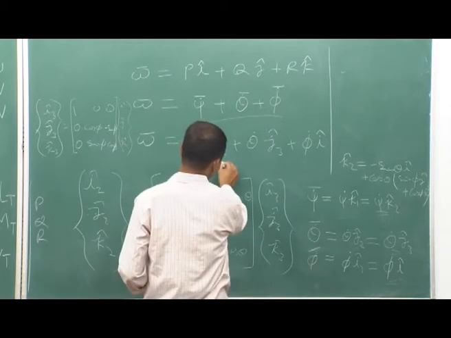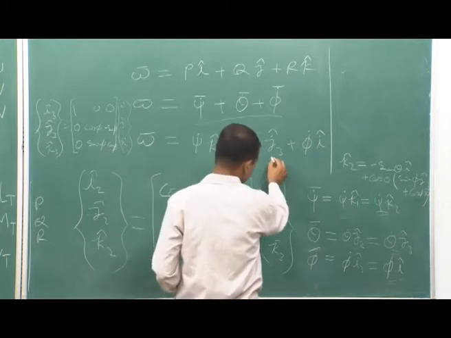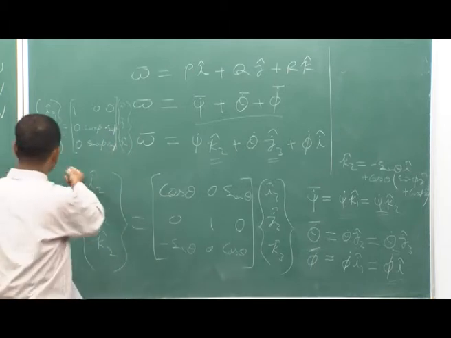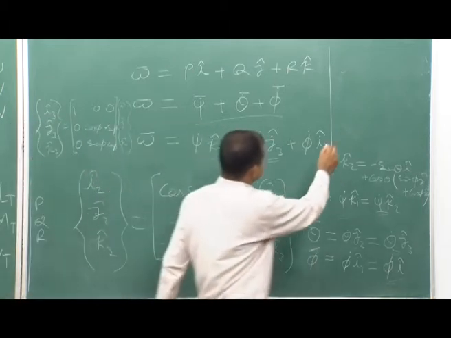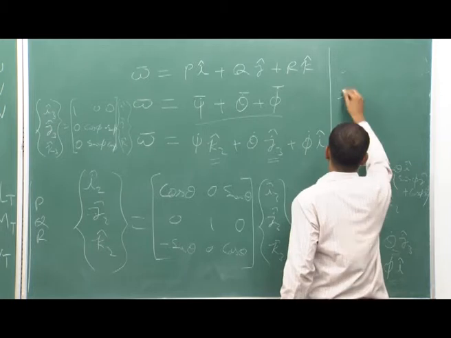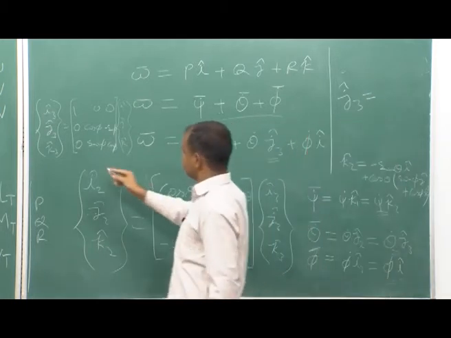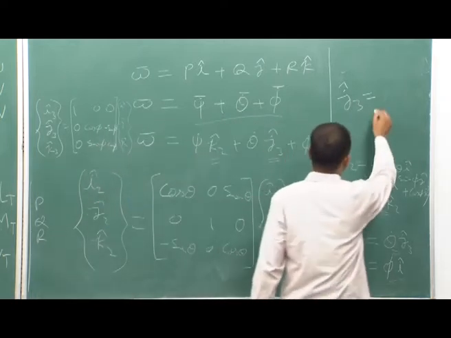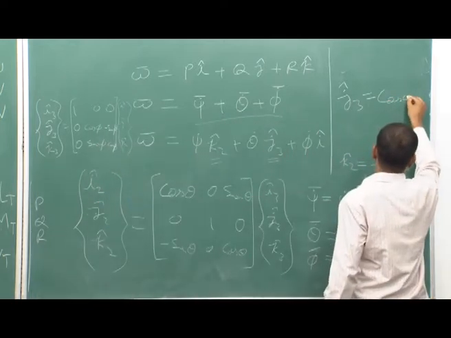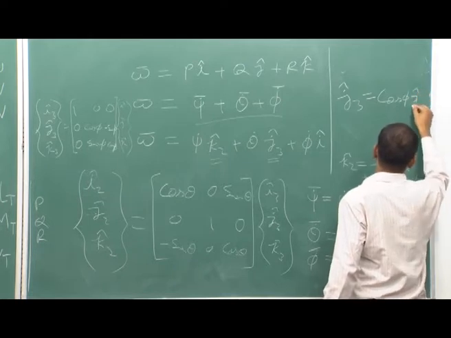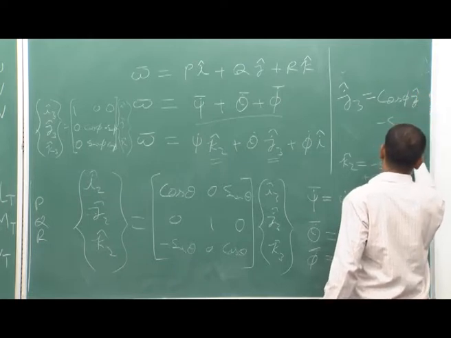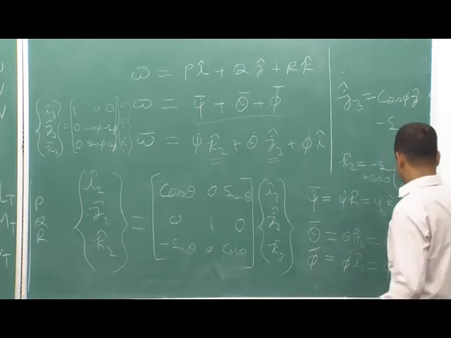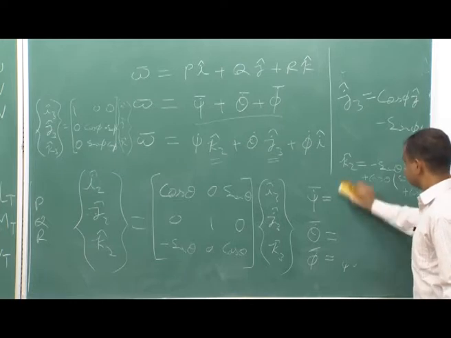So this task is complete, and I have to find J3 also in terms of I, j and k, and from here I can write J3 is equal to cos phi j minus sin phi k. Now, we do not require these equations.